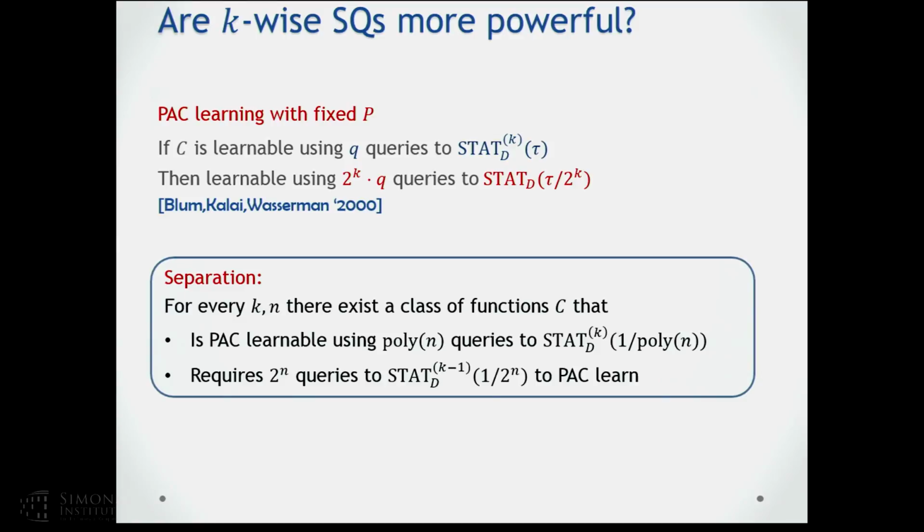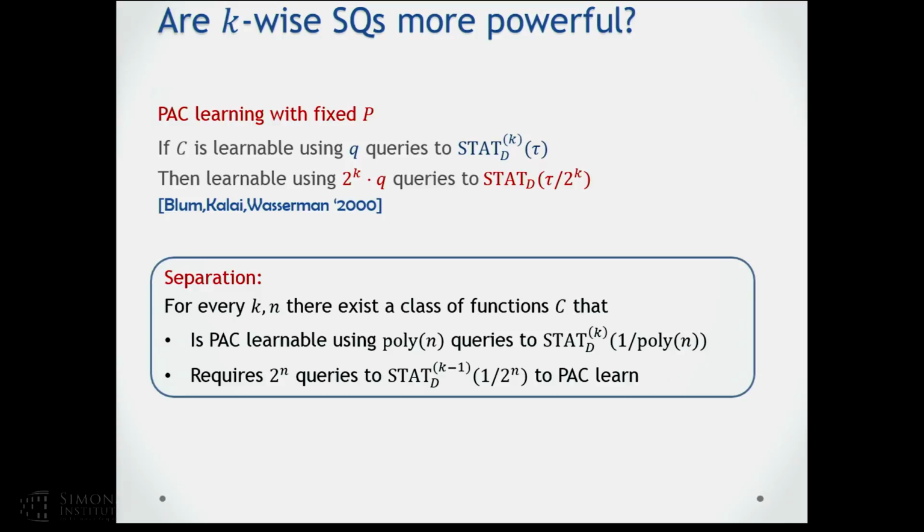But if you only have (k-1)-wise queries, then you will need an exponential number of queries, even if those queries are of exponentially low tolerance.